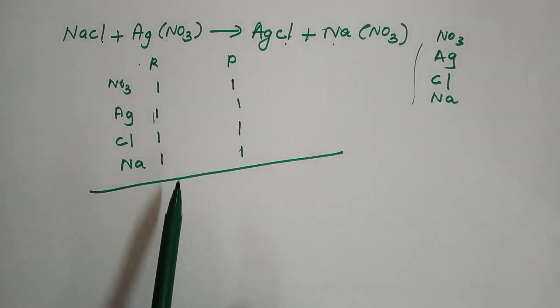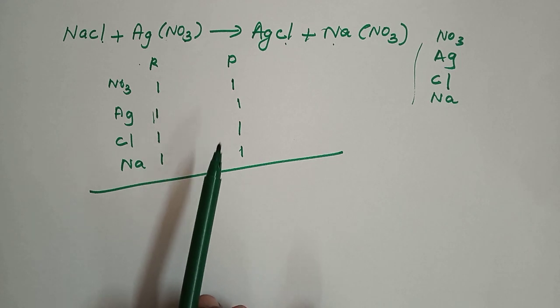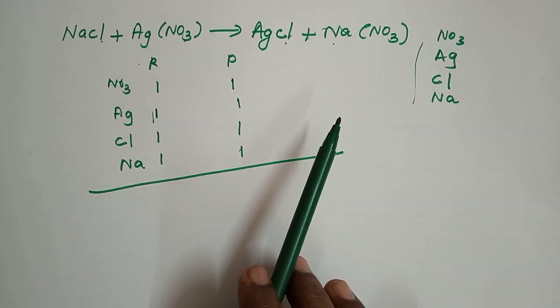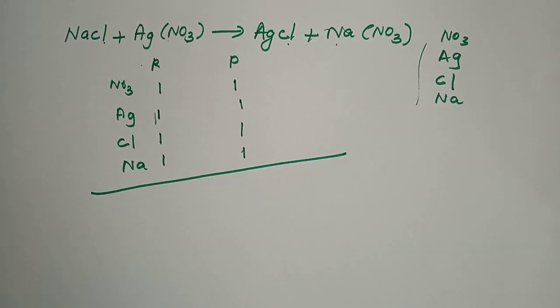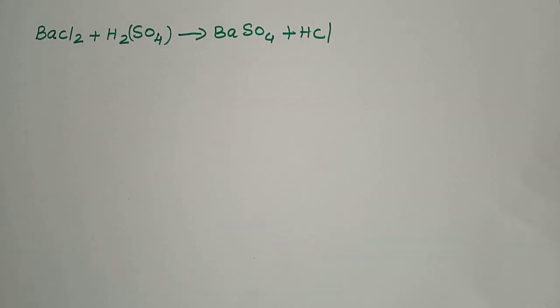Understood? Like this only we have to check whether a chemical equation is balanced or unbalanced. Understood? So, one more example. Why am I giving so many examples? So that you can understand. It is very easy, children, to balance chemical equations. Only one thing: we have to understand the concept and the formulas.